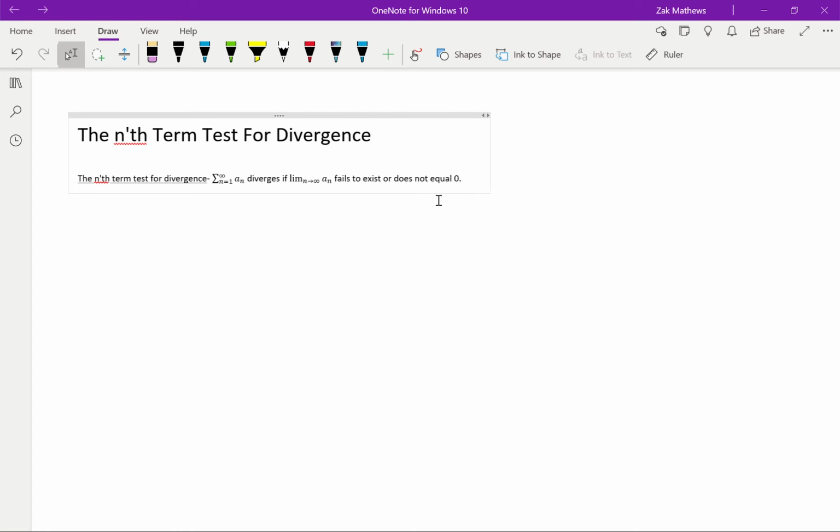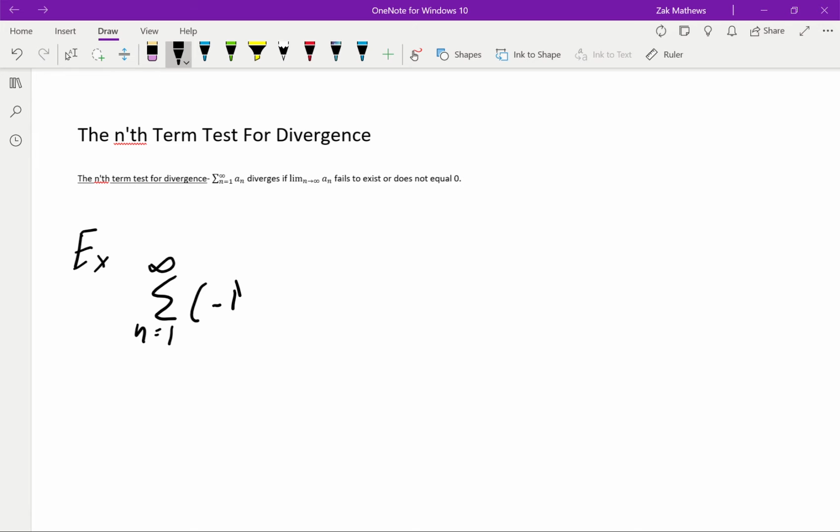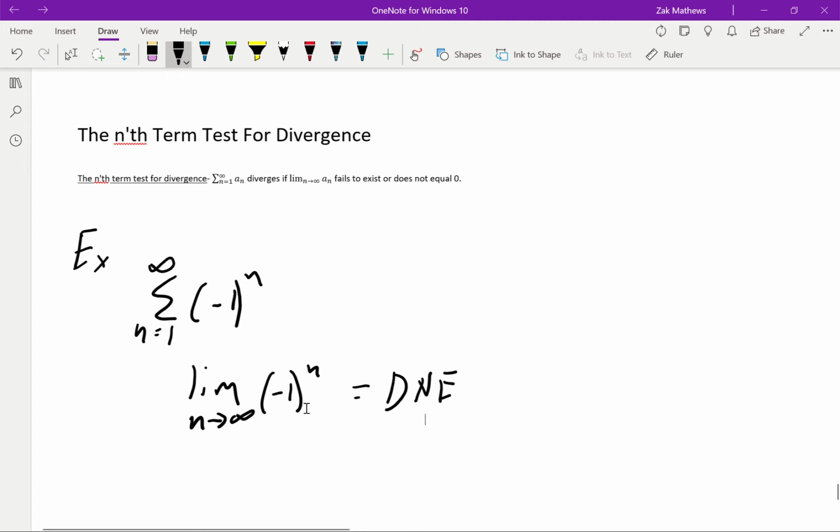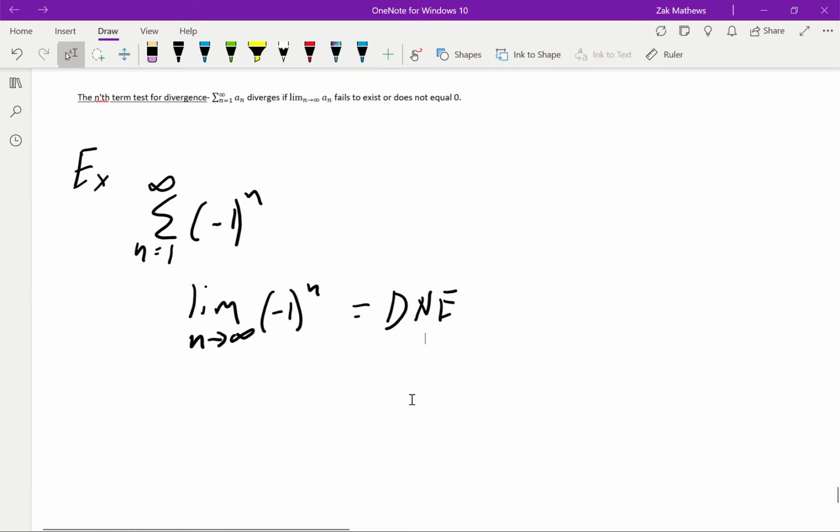Let's take the summation from n equals 1 to infinity of (-1)^n. What I'm going to do is look at what happens to the sequence (-1)^n. What's going on with that sequence? And this does not exist. We've looked at this in the past with sequences. We have this alternating number going from -1 to +1, -1 to +1, never reaching a set value, so the limit fails to exist.